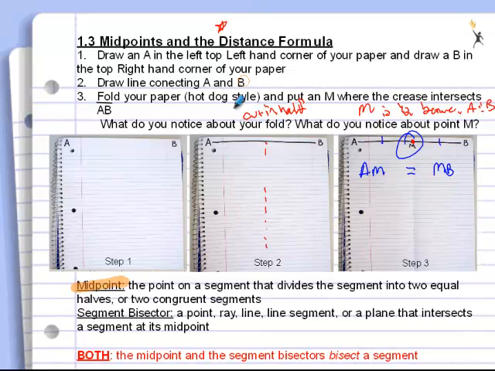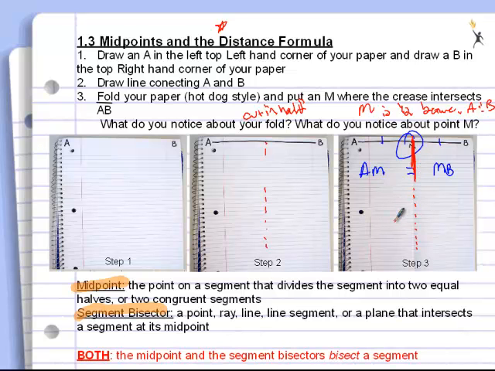Then we have something called a segment bisector. A segment bisector is a point, a ray, a line segment, or a plane that intersects a segment at its midpoint. The little crease that we drew, or the fold in your paper, that connects point M and AB, actually divides AB into two halves.